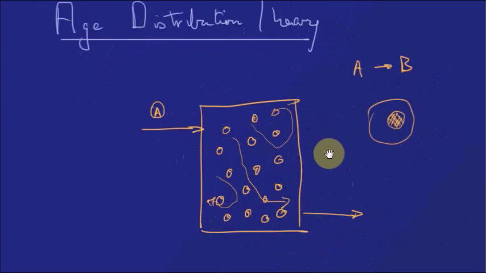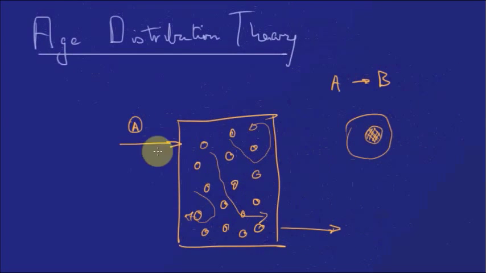And that's what's going to determine the overall conversion of these particles through this reactor. So that's the interest in age distribution theory. We want to know what's the reaction rate in this space, given that our fluid elements are spending different periods of time in there and hence reacting to different degrees.